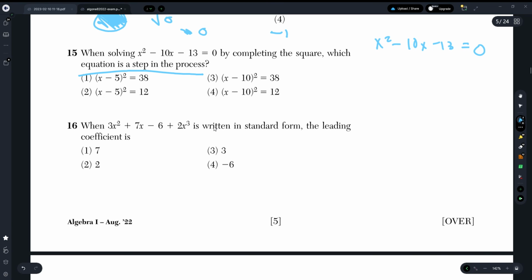Right, so what's our a? Our a is 1, and what's our b? Our b is -10. So if we plug this in, -b over a, that's going to be -10 over 1 squared. Wait a minute, am I doing something wrong?